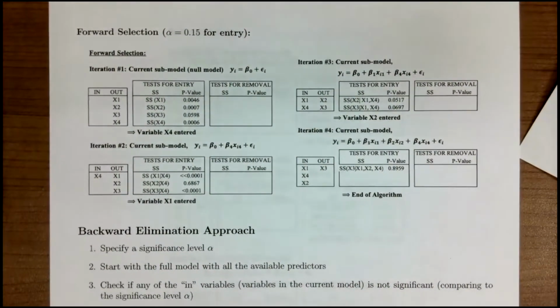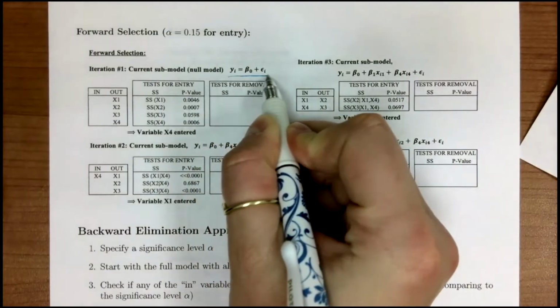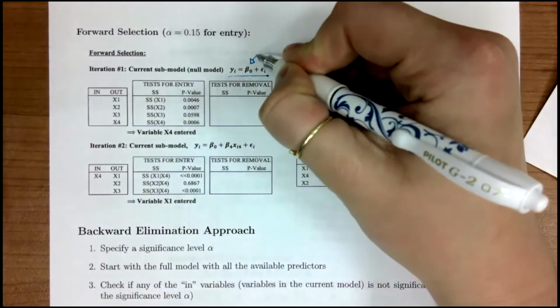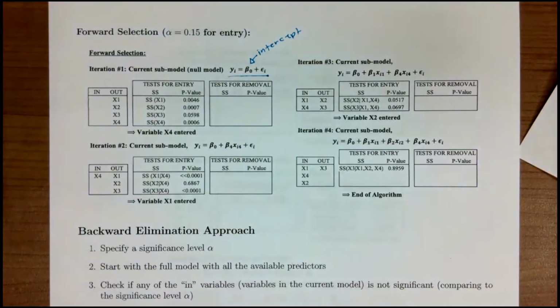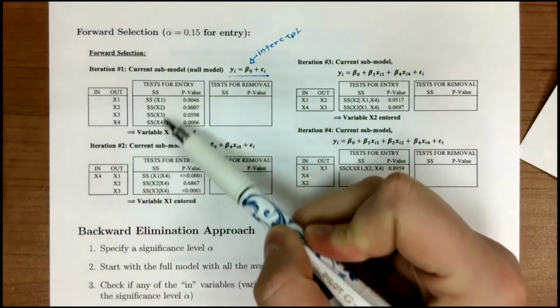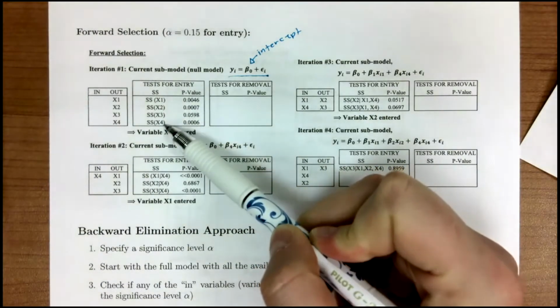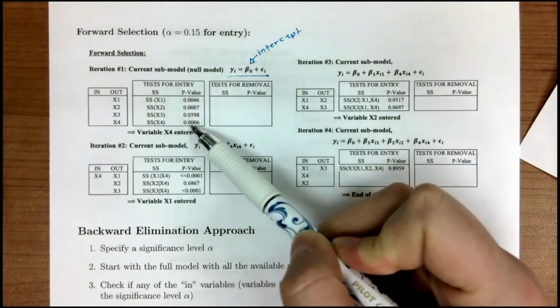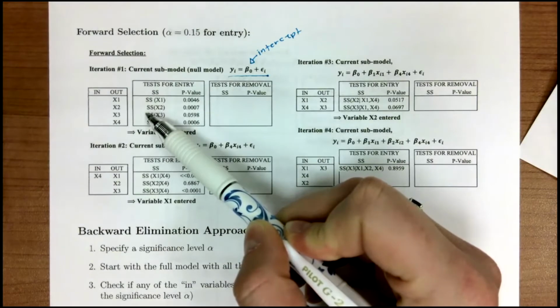So in our forward selection process, what we're going to do is start off with the null model, which would be this. So this is just our intercept, okay? What we're going to do is now create 4 models, one with x1 in it, one with x2, one with x3, one with x4, and we're going to get the p-values related to these models.